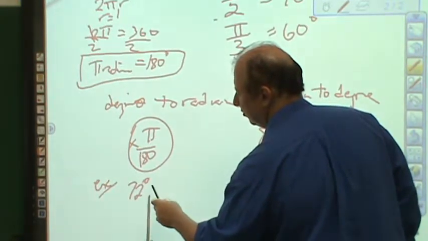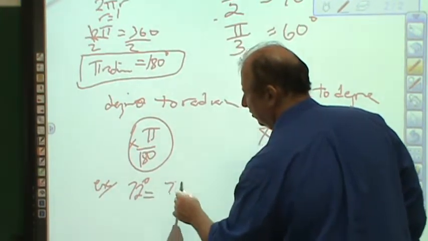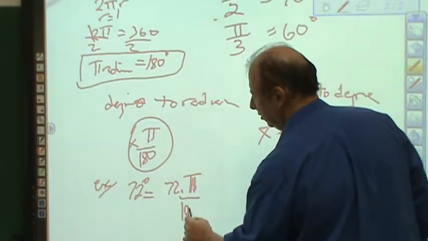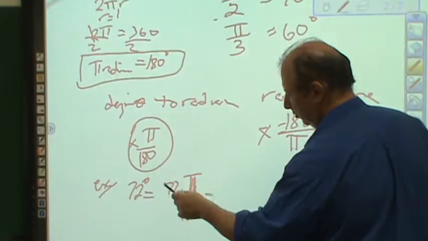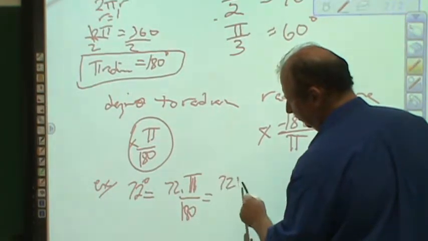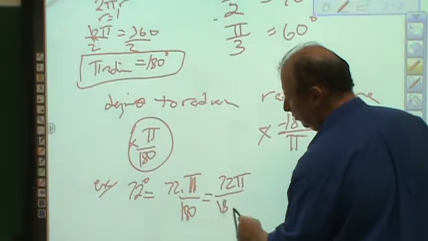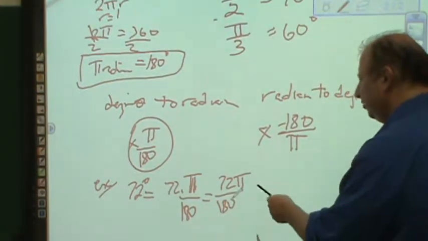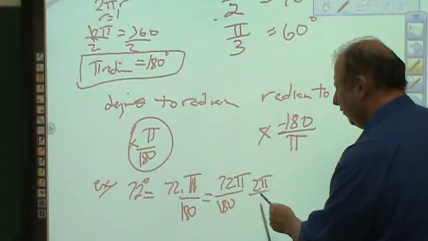Okay, example. 72 degrees is equal to 72 times pi over 180. And you simplify it. I'm not worried about what it comes to. We know 18 goes into both, so 4 over 10, which is 2 pi over 5.